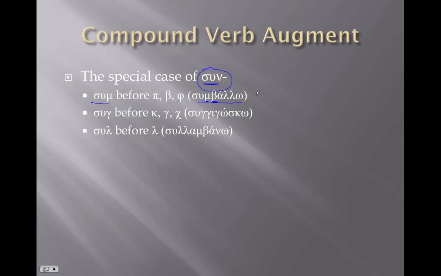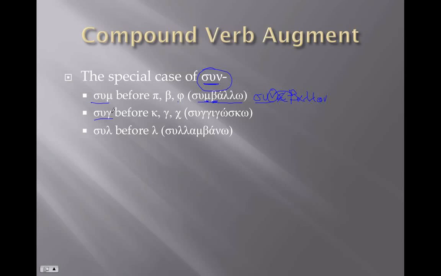If we augment that, we're still going to augment our stem, balo, but because the nu and the beta are no longer right next to each other, we're going to go back to the nu of sun. So from sumbalo to sun ebalon. And if we want to look this up in the dictionary, we have to de-augment it and recognize this nu will shift to a mu because of the proximity to the beta, and we get sumbalo.